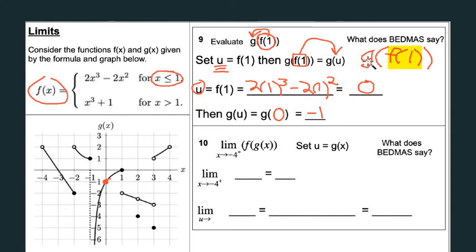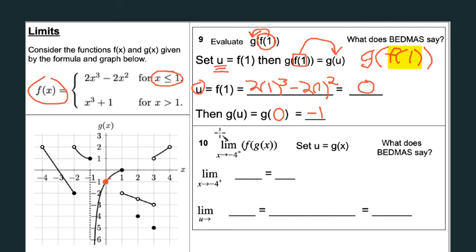And then that becomes the input for g. So f at 1 worked out to 0. And then I put 0 into g. Again, we work from the inside out. Okay, BEDMAS. All right, so that's what's called a composition of functions. We've already done work with that, with the chain rule and things like that.